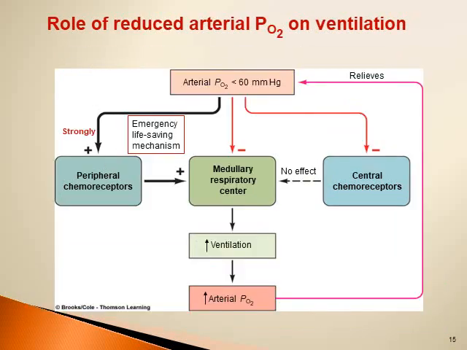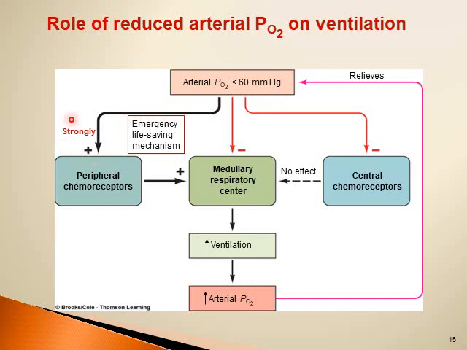Now, what is the effect of changes in the arterial partial pressure of oxygen on ventilation? Reduced arterial partial pressure of oxygen. We know very well that the arterial partial pressure of oxygen is about 100 millimeter mercury, and we studied that in the lecture of exchange of gases. When the arterial partial pressure of oxygen decreases to values less than 60 millimeter mercury, this will have different effects.